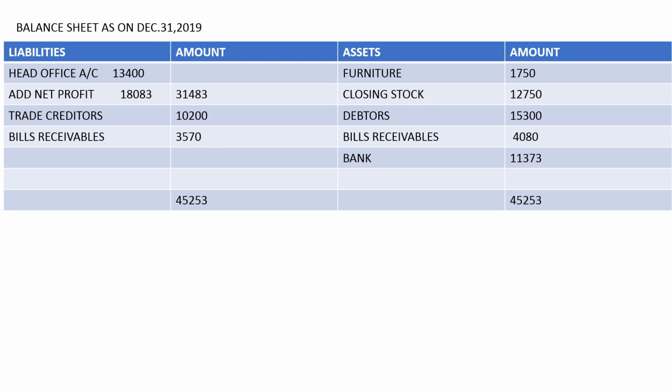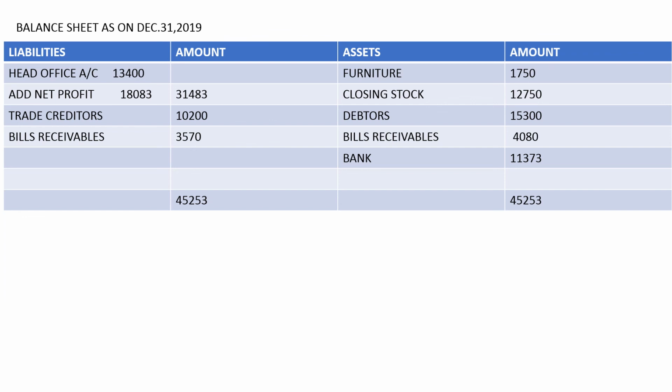Now we are preparing the balance sheet as on 31st December 2019. Liabilities, amount; assets, amount. Head office account 13,400 and net profit 18,083. The total is coming 31,483. Trade creditors 10,200. Bills payable 3,570.